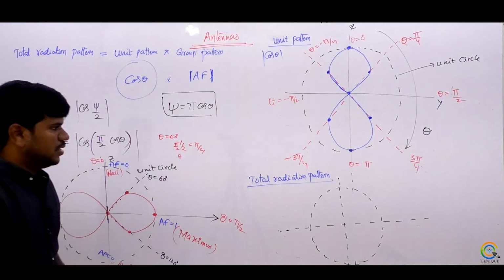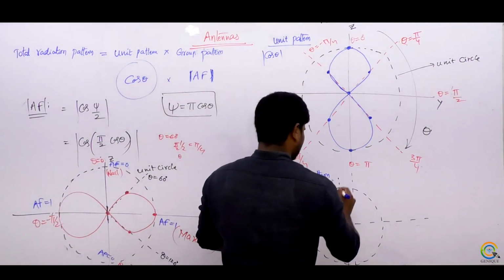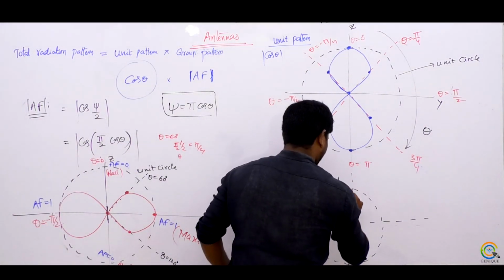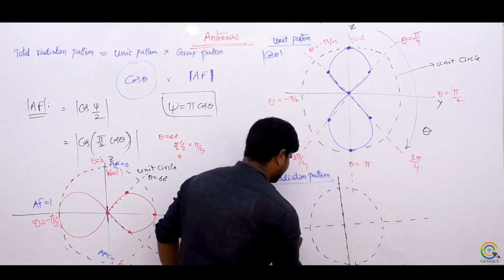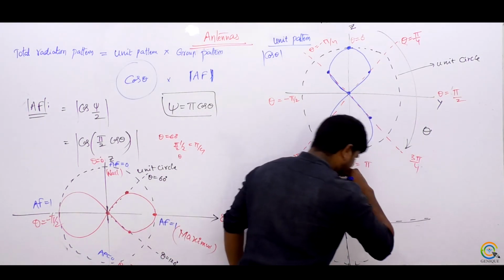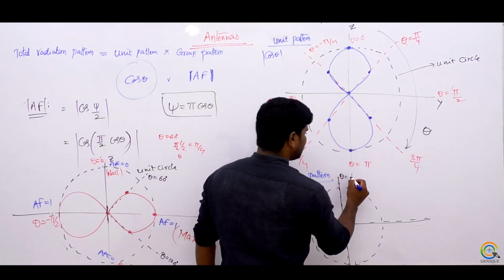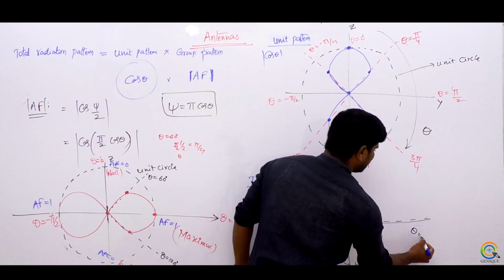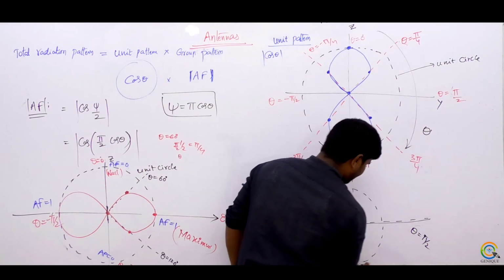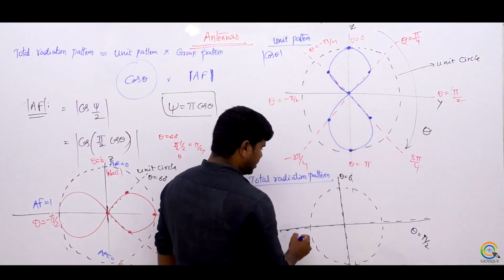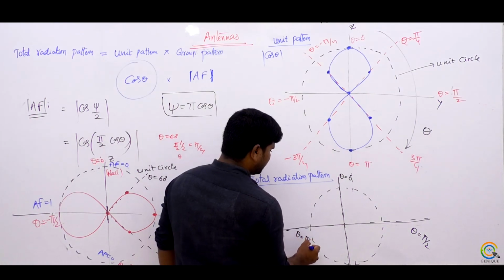This is the Z axis, this is the horizontal Y axis. This is theta equals 0, theta equals 90 degrees, and theta equals minus pi by 2.